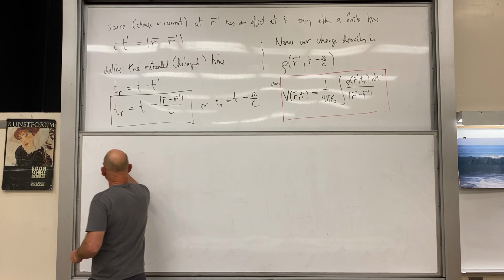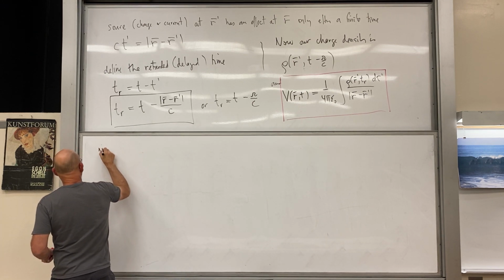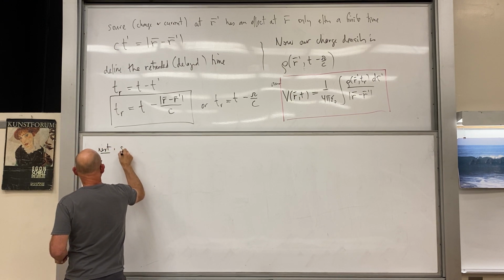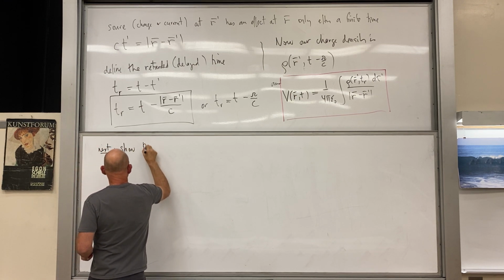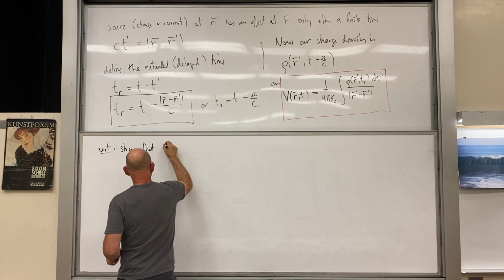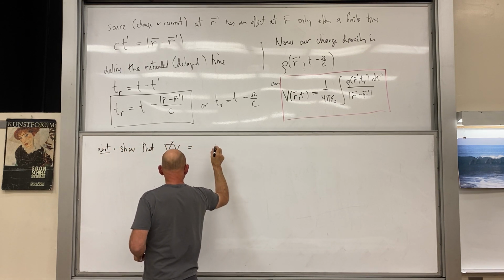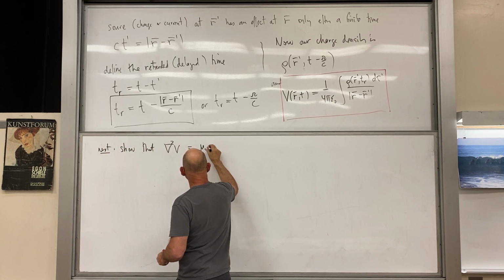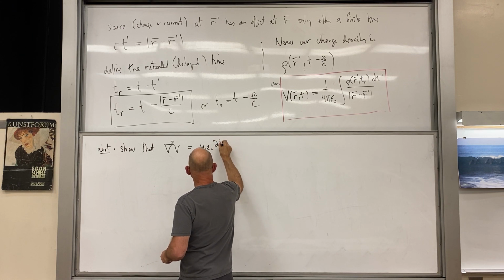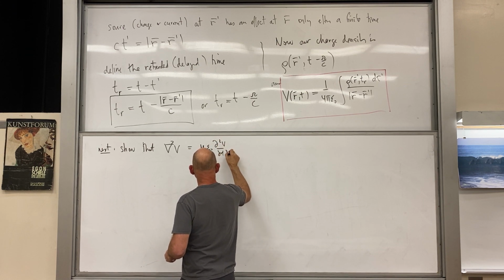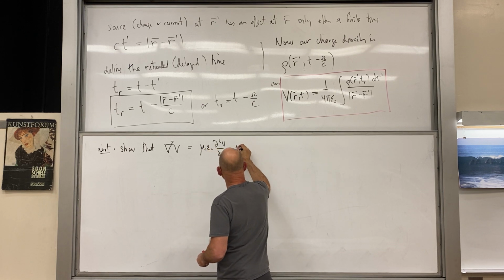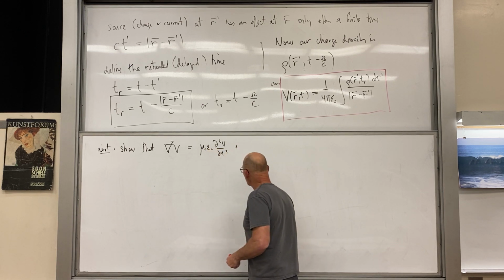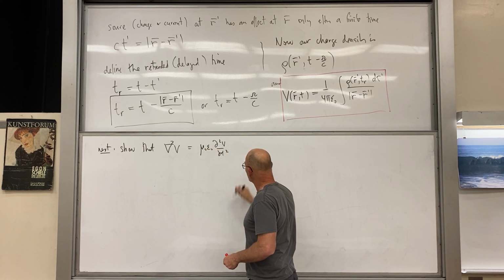So next, show that this del squared V is equal to mu naught epsilon naught d squared V dt squared plus or minus rho over epsilon naught.